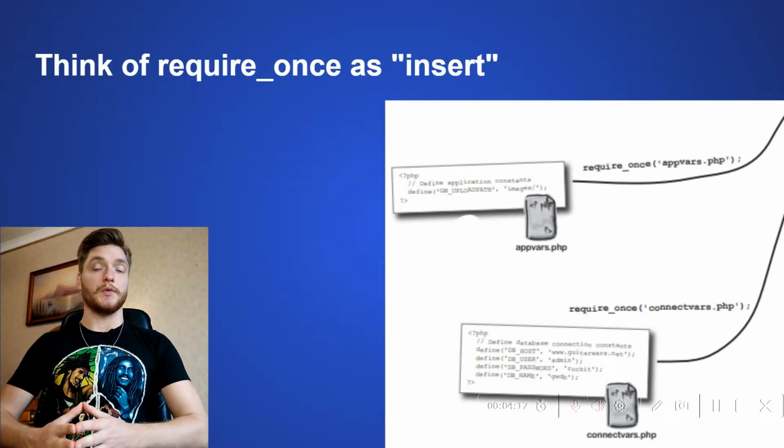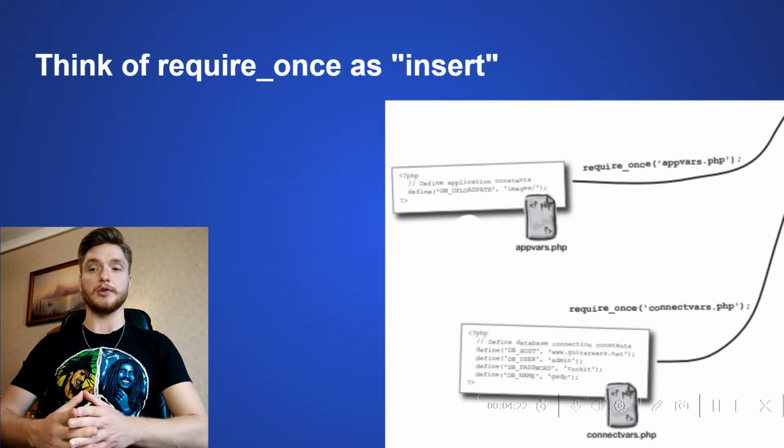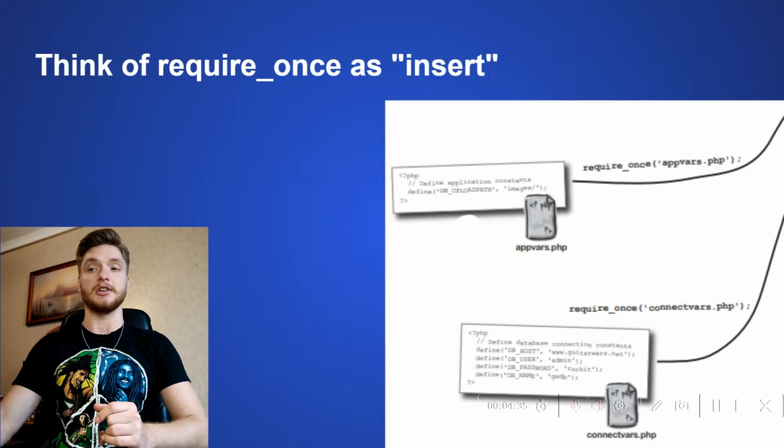In the case of guitar-vars, the database connection variable could also benefit from being moved into an include file. So the contents of two shared script files are inserted directly into other script files at the point where they are required.